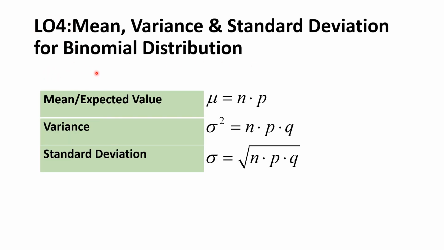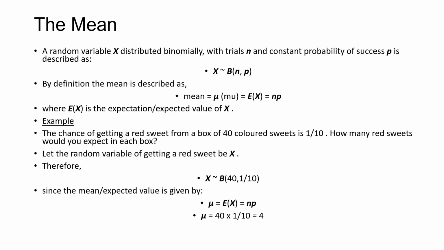The fourth learning outcome focuses on how to determine mean, variance, and standard deviation for a binomial distribution. Mean, also known as expected value, is NP. Variance is NPQ, and standard deviation is the square root of variance. Next we will look at how to apply these formulas in a real scenario.